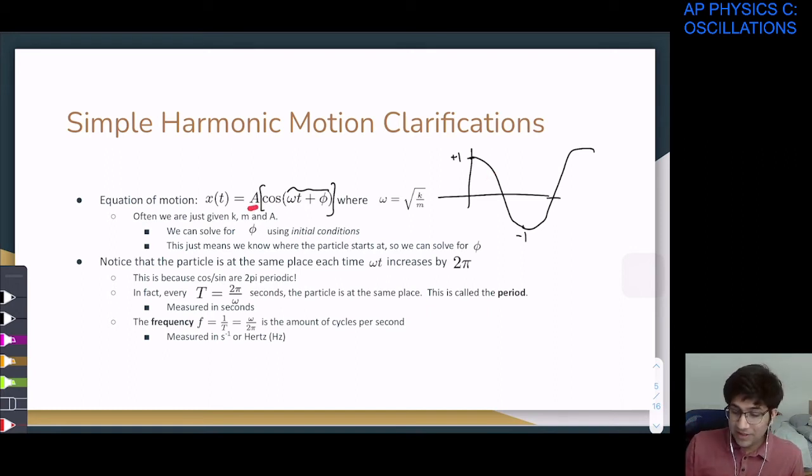If you multiply A by 0, it's going to make it 0. If you multiply A by minus 0.75, it's still going to go down in magnitude. But at +1 and -1, it equals exactly plus A and minus A. So that's why A is the amplitude. It tells you the maximum possible value in magnitude that x will be.